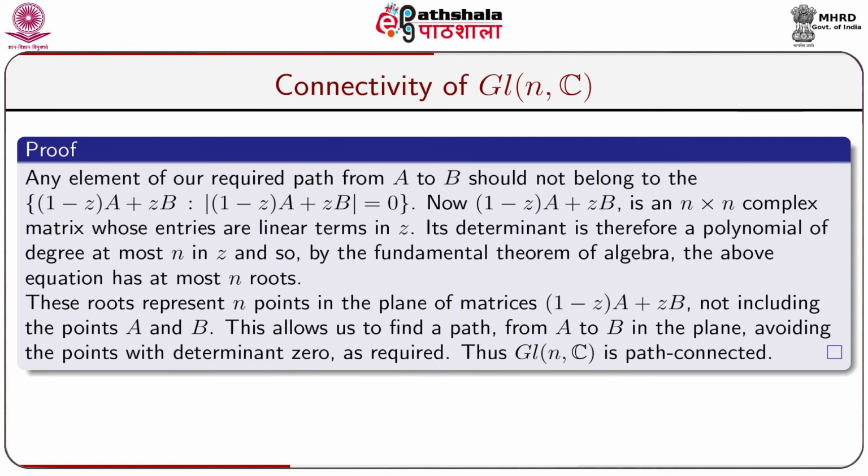So, if we delete these points from the plane (1 minus z)A plus zB, where z belongs to C, then only a finite number of points has been deleted from this plane, and so this plane remains path connected. Therefore, we can easily find a path from A to B lying in this plane. This shows that GL(n, C) is path connected.